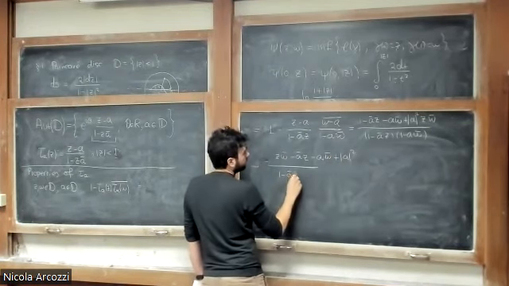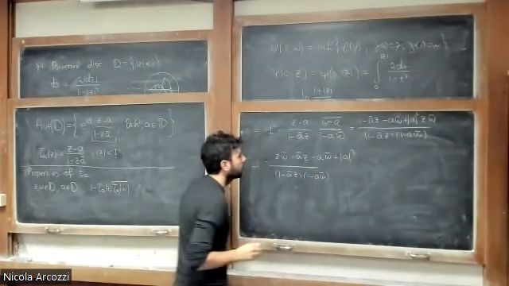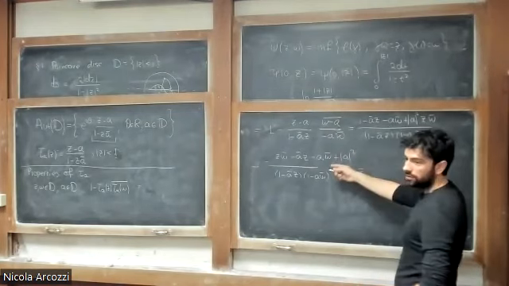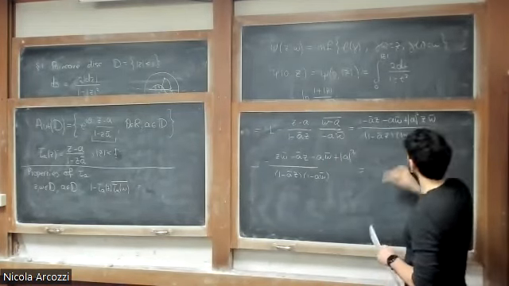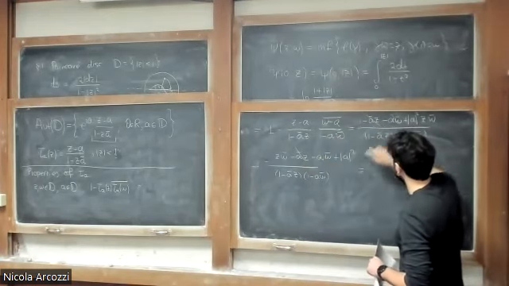Let's take the denominator. And here you can see that you get some cancellations between these fractions. So this cancels with that. This cancels with that.